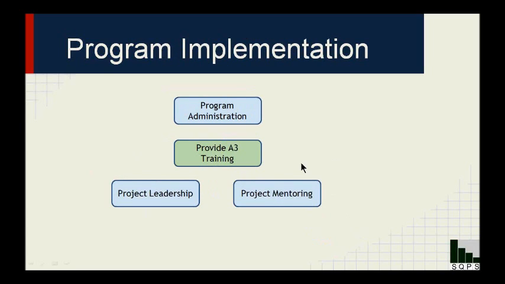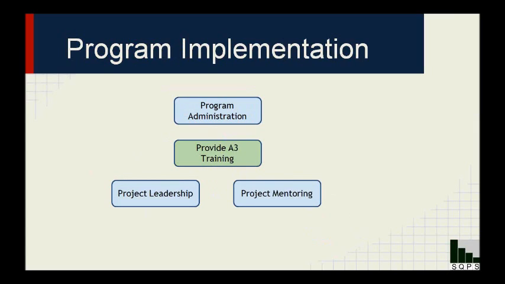So in terms of the steps, or the order of the elements for this program, the first thing is actually the program administration. Once that is set up, then we can provide the training, and then we start carrying out the project leadership and mentoring.